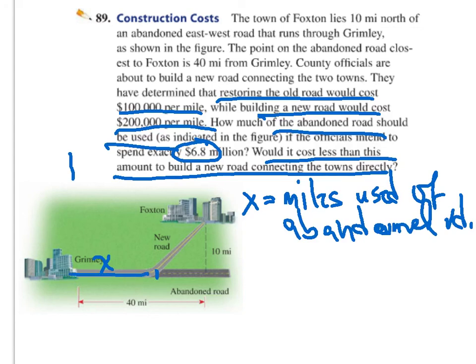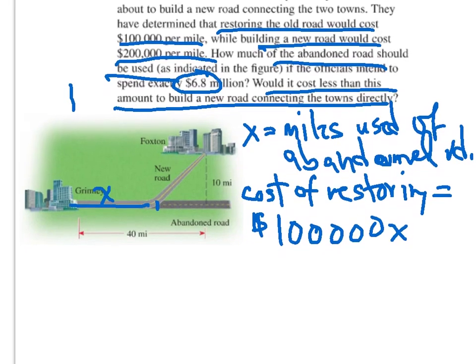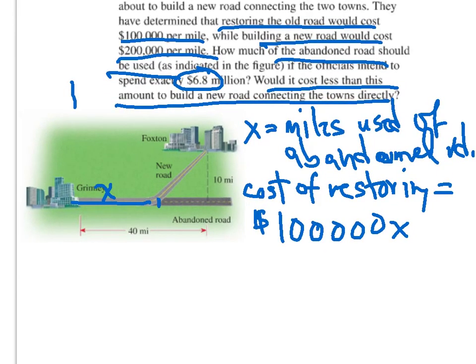So the cost of restoring the abandoned road is $100,000 times x. That's pretty good. Now we need to figure out the cost of using the new road.